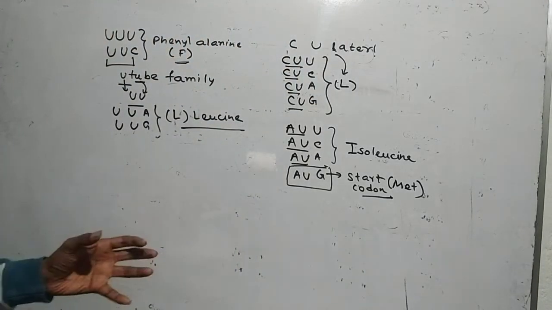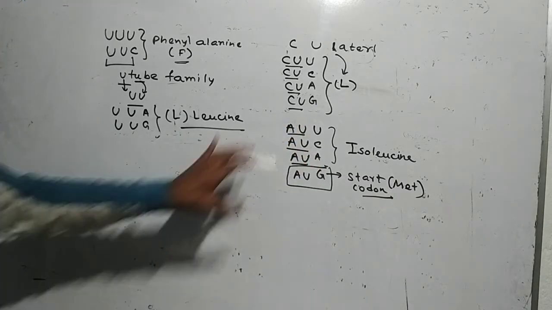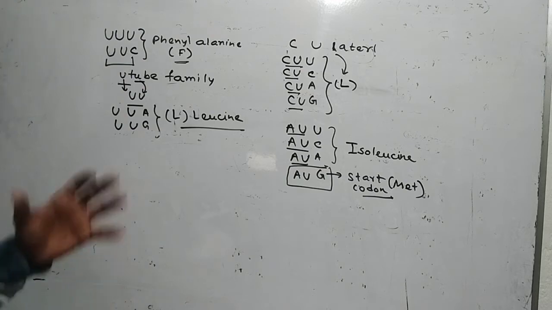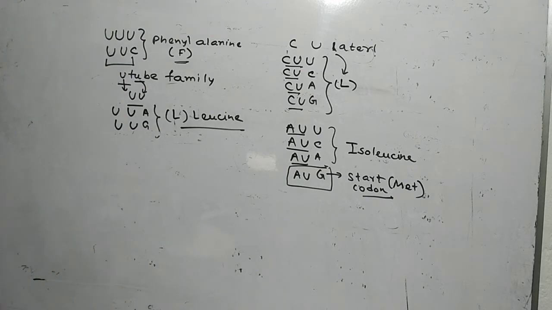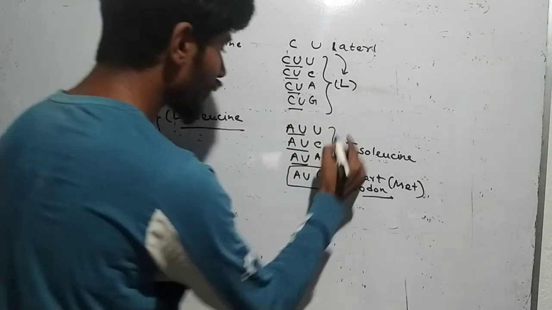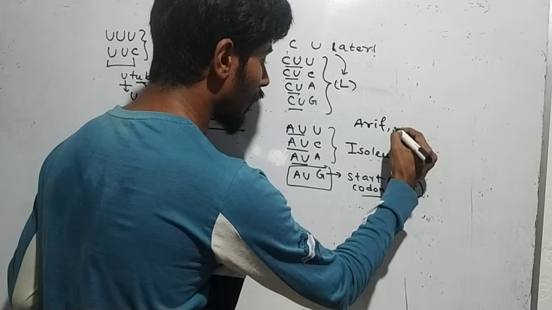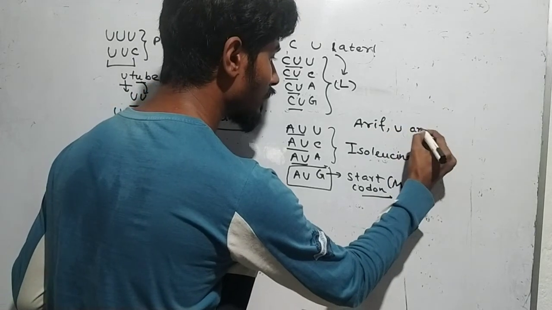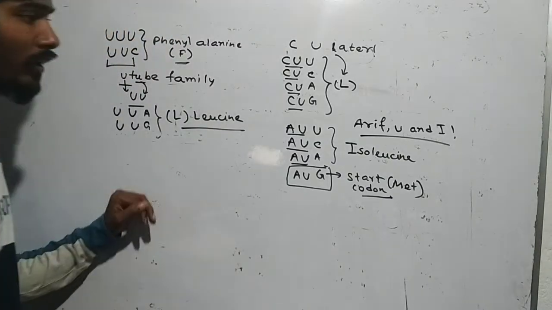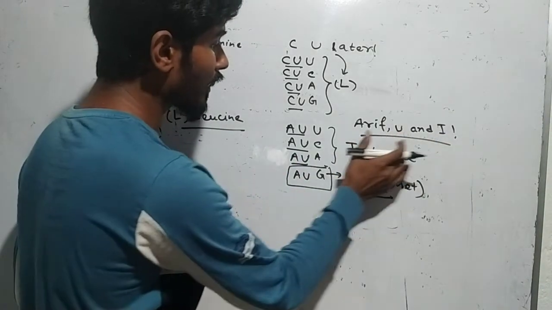Now how can you remember this, that AU related series of these codons will be encoding isoleucine? So there is a very important easy trick, that is Arif, there is a tree, Arif, comma you and I. Okay, so this is the tree, and there are three persons, you and I and Arif.